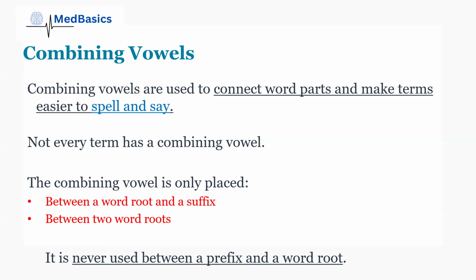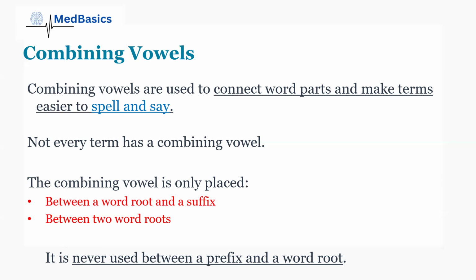Both are organs. Since both are organs, what does the rule say? If there are two word roots, we have to combine them with the combining vowel. So instead of writing gastroenter, we would be using gastroentero, or enter, because we don't know about the suffix yet. But if we are not adding a suffix, we can definitely add the combining vowel.